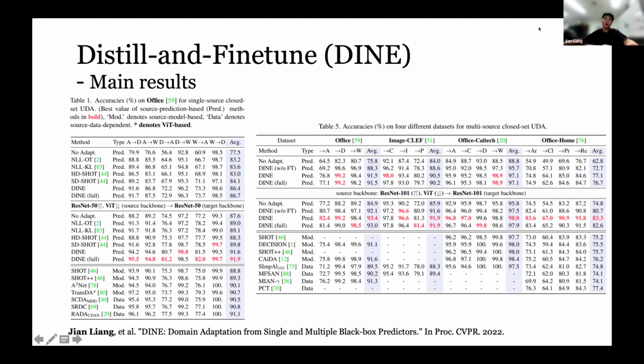Compared with some model-based methods or some data-dependent methods, the results of our method are also very competitive. Also, in the right figure, we provide some results on multi-source domain adaptation tasks. The observations are similar, that is to say, our method has nice results.